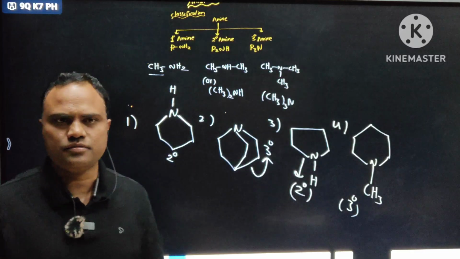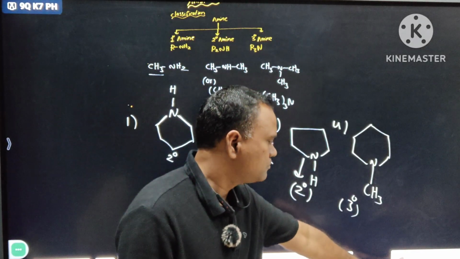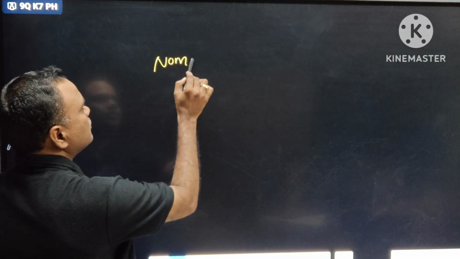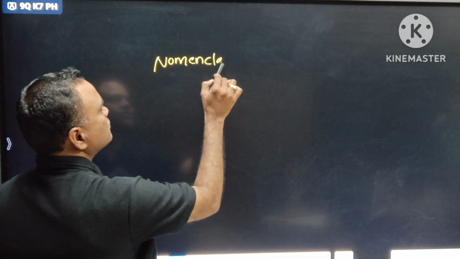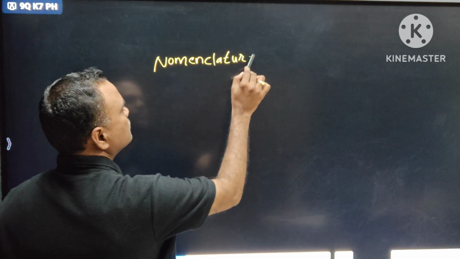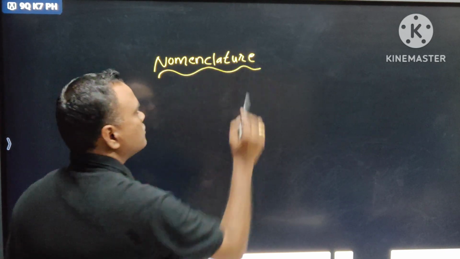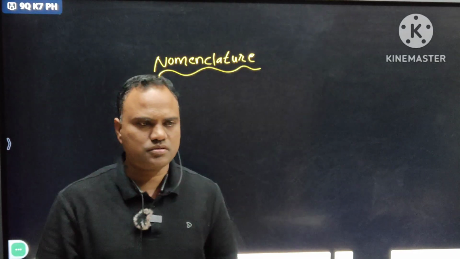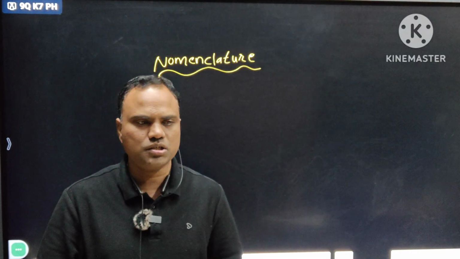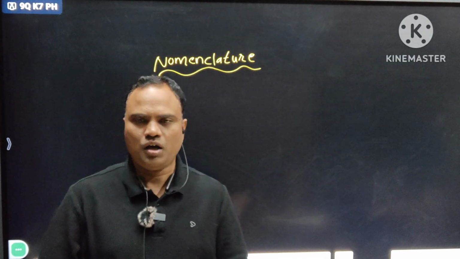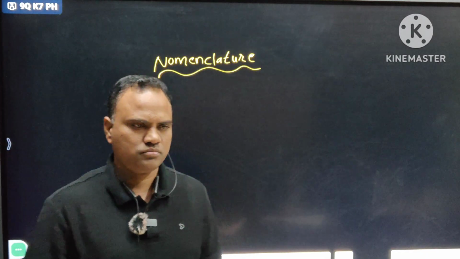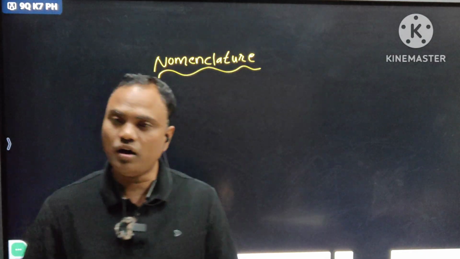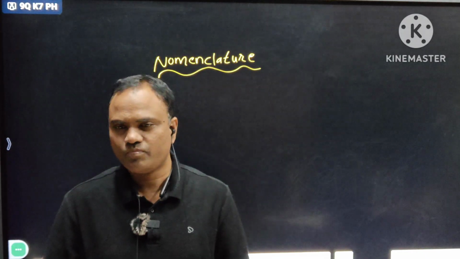Let us start nomenclature. We have some suffixes. For example, carboxylic acid, oic acid; alcohols, ol; aldehydes, al; ketones, one.